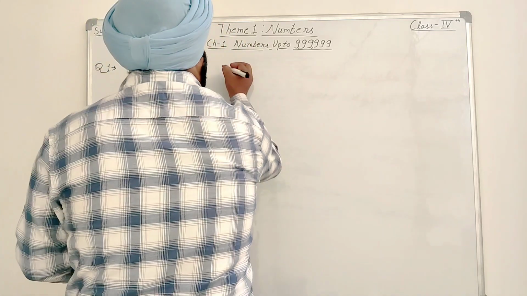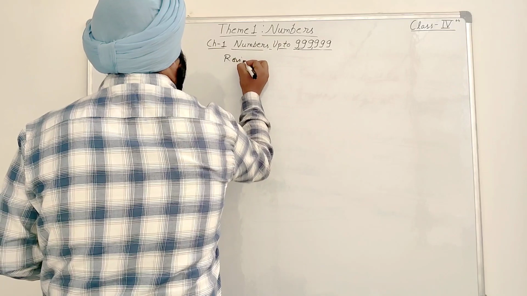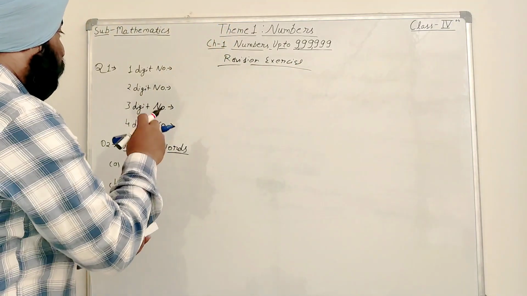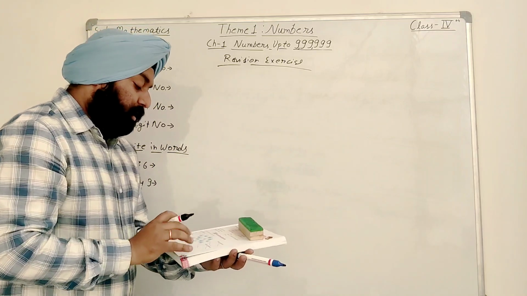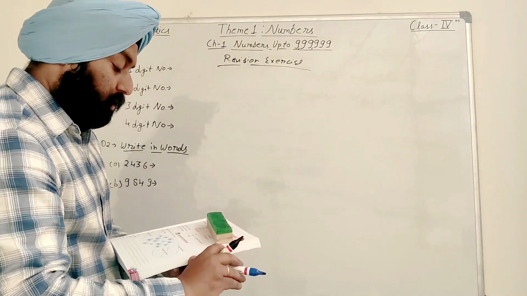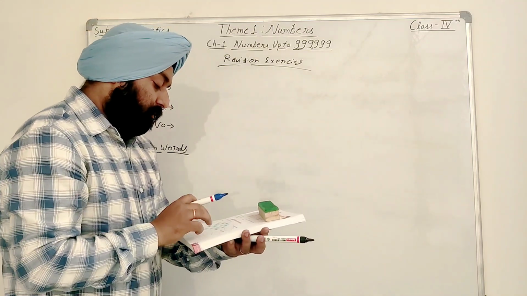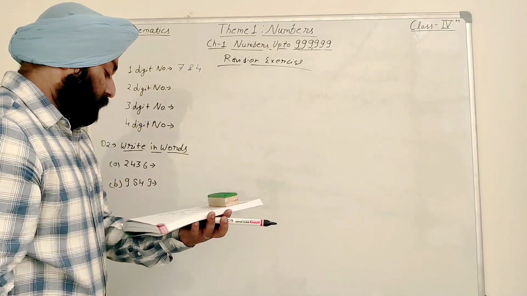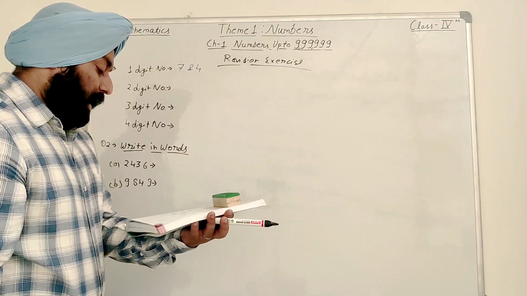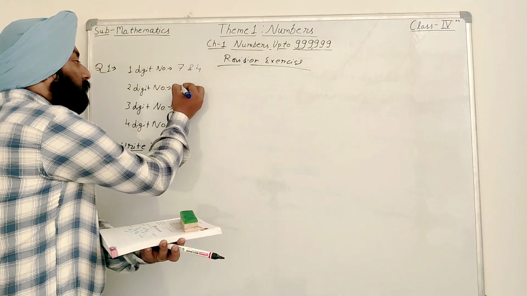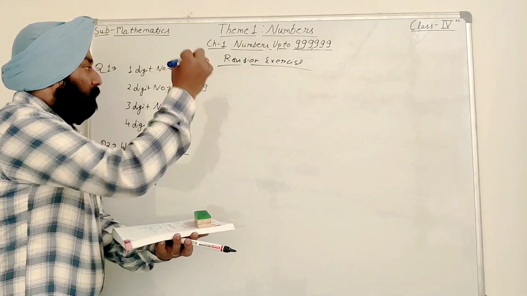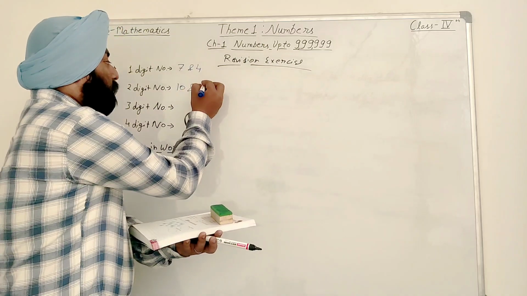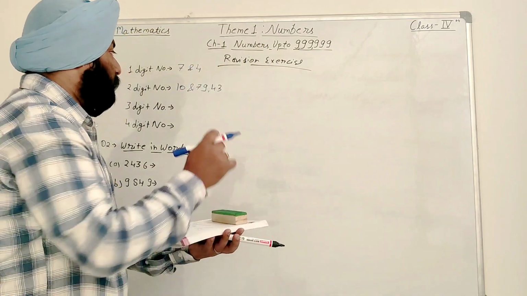Afterwards, our revision exercise. Our first question is, we have to find out 1-digit numbers from the given clouds. 7 and 4 are our 1-digit numbers. 10 and 79 are our 2-digit numbers. 43 is also our 2-digit number.